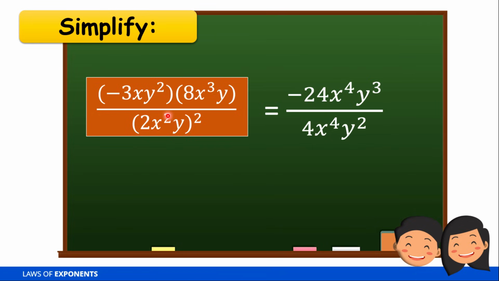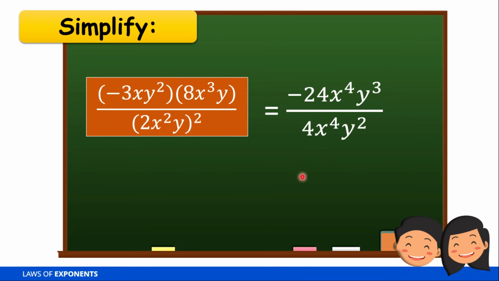Yung 2 na exponent ng x, imumultiply natin by 2, kasi nga, may exponent na 2 with another exponent na 2. So, 2 times 2, that is 4. Kaya mayroon tayo ditong x to the 4th power. And lastly, ang exponent ng y dito is 1 times yung exponent natin na 2. So, 2 times 1, that is equal to 2. Kaya magkakaroon tayo dito ng y squared.